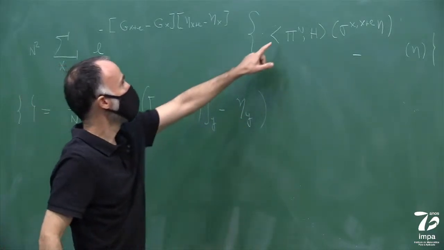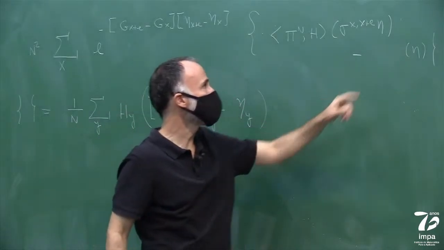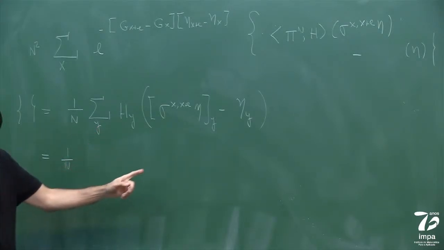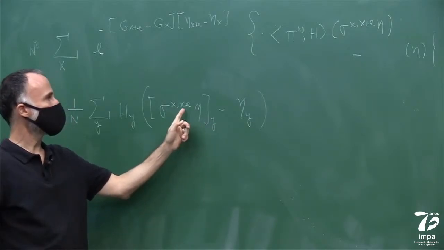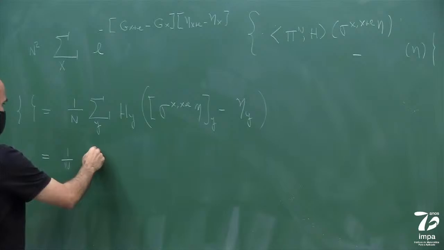Okay, so this is the first term, and minus eta y comes from the second one. Now this is 1 over n. So again, you see that for y different from x and x plus e, this is 0. So there are just 2 terms.